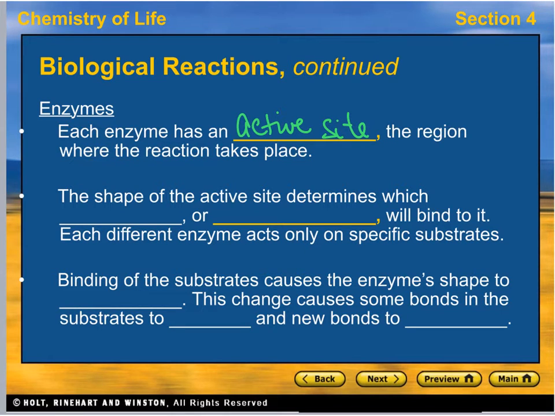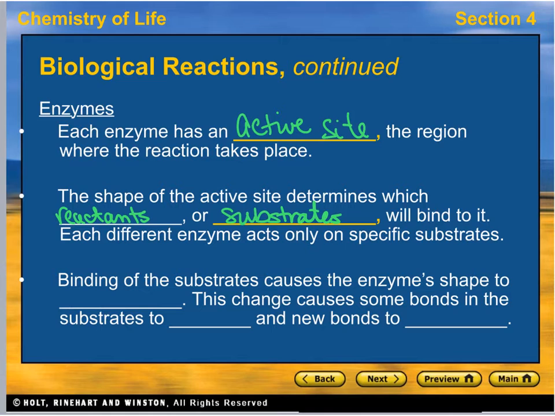An active site is the region where the reaction is actually going to take place. The shape of the active site is going to determine which reactants, or substrates, will bind to it. Each enzyme is different because it will only act with certain, very specific substrates. It's kind of like a lock and a key.